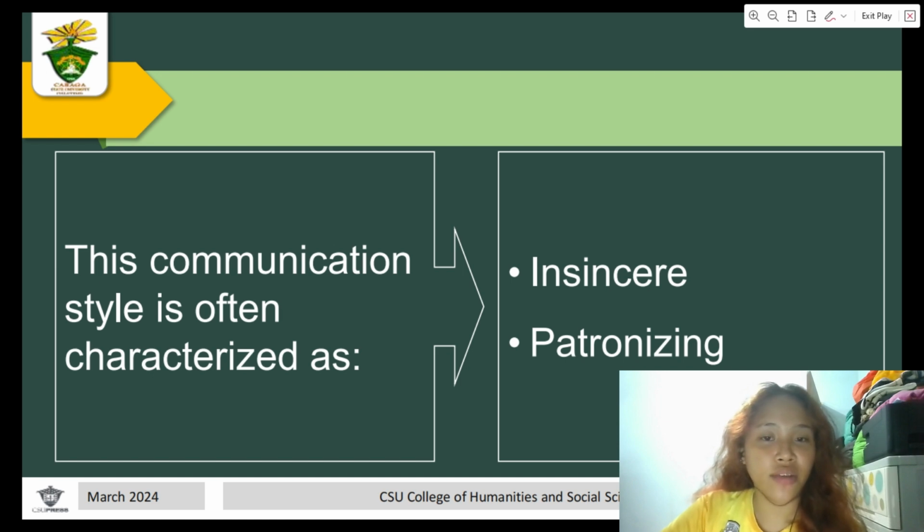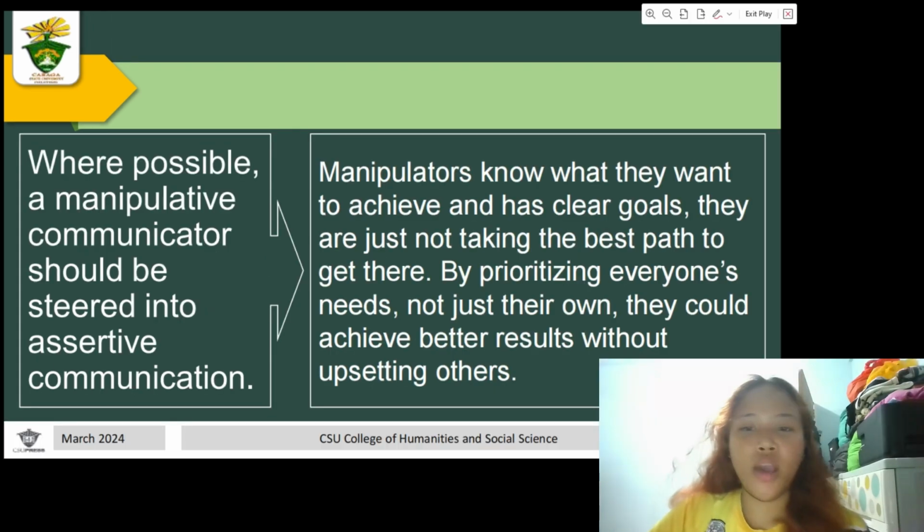They make you feel like you're illiterate or not as important as they are. Where possible, a manipulative communicator should be steered into assertive communication. Manipulators know what they want to achieve and have clear goals. They are just not taking the best path to get there. By prioritizing everyone's needs, not just their own, they could achieve better results without upsetting others.